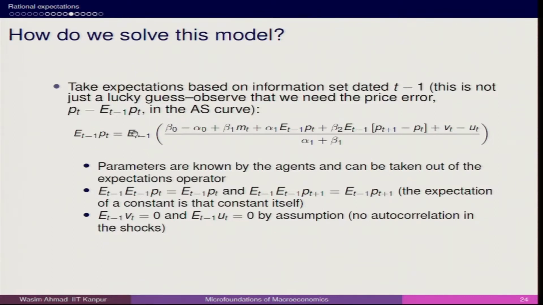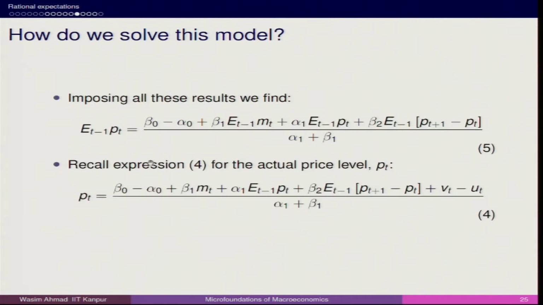Once I bring this expectation operator inside, this is going to be 0. So once I calculate this, all the error terms are 0 now. This is the actual price level that we had calculated.